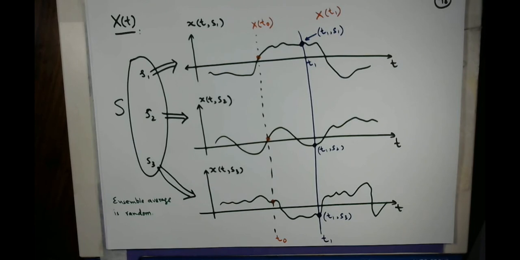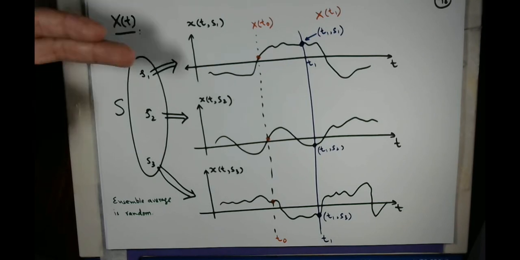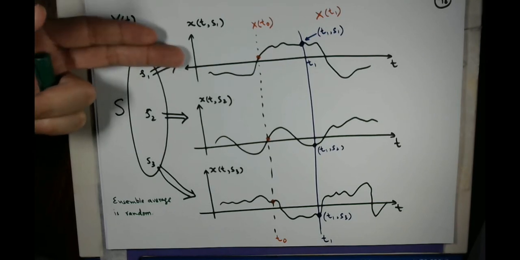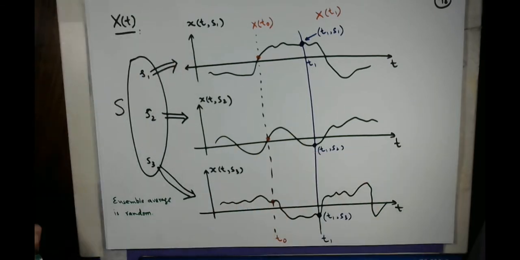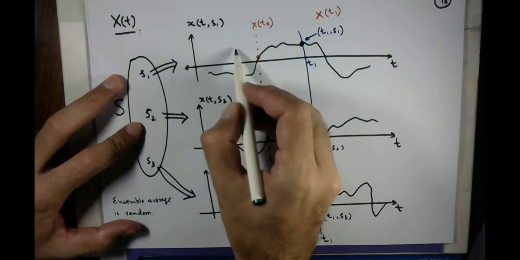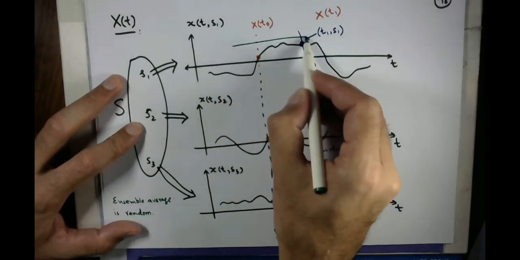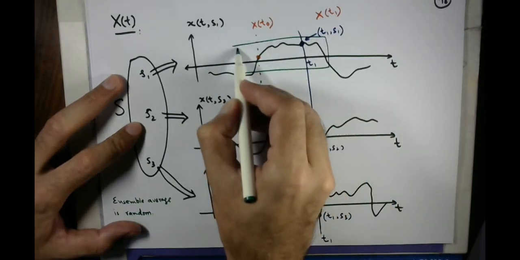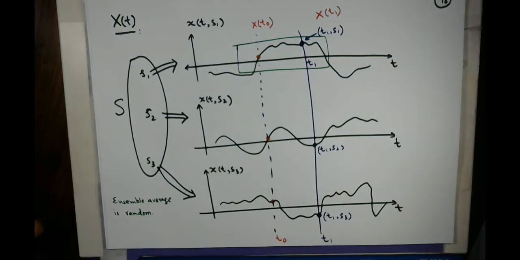The other concept is the time average. Time average would mean that you take a particular sample function and then you take some time interval on the axis t, and then you take the average.